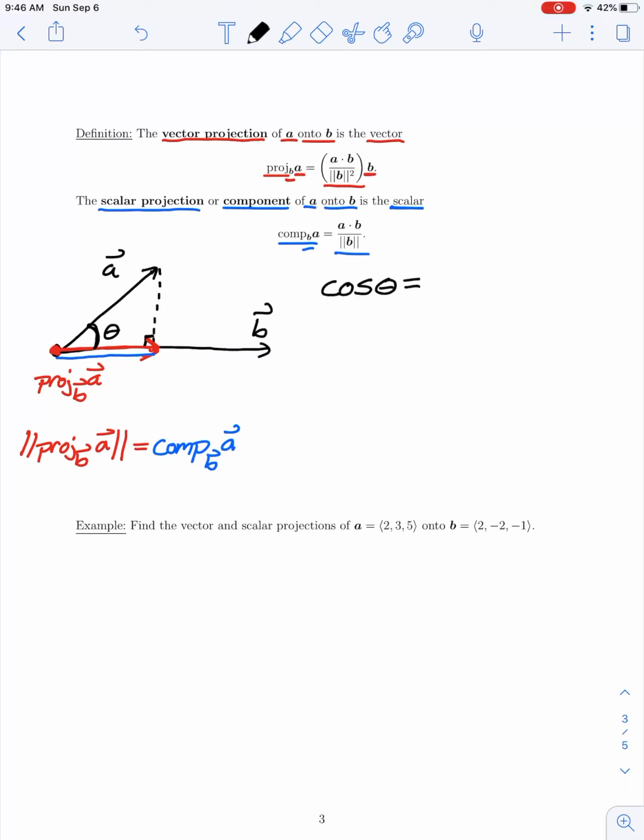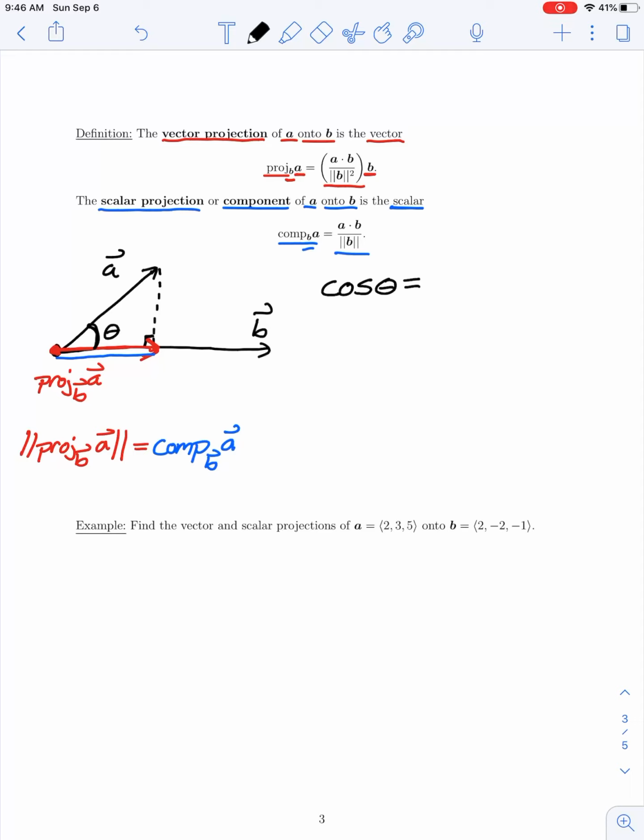When we think about this triangle formed by projecting one vector down onto the other, we see it's a right triangle where one of our interior angles is theta, and we're interested in calculating the length along that adjacent edge of the triangle formed by that angle theta. So we're going to look at cosine of theta to involve that adjacent edge.